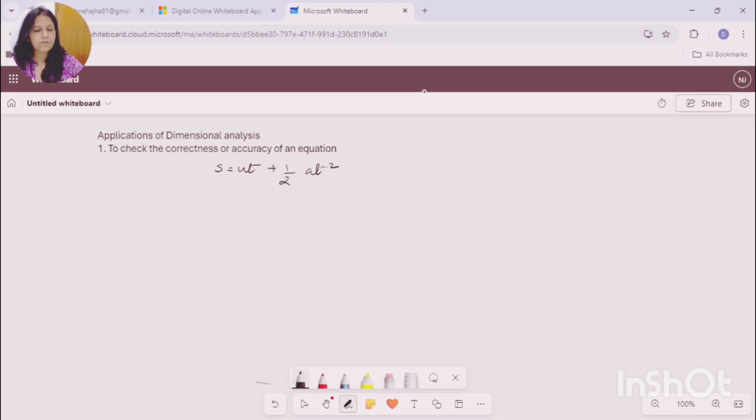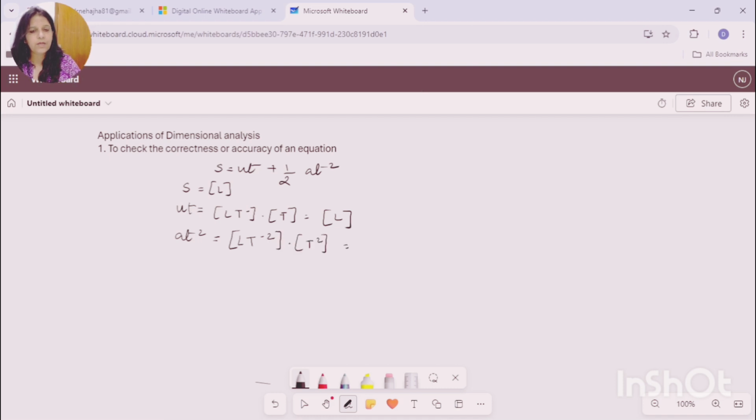Now, if you see this equation, the dimension of S is L, the dimension of U is equal to LT minus 1, and dimension of time is T. So this will be equal to L. Ut is equal to L, and AT square: the dimensional formula of acceleration is LT minus 2 into T2.